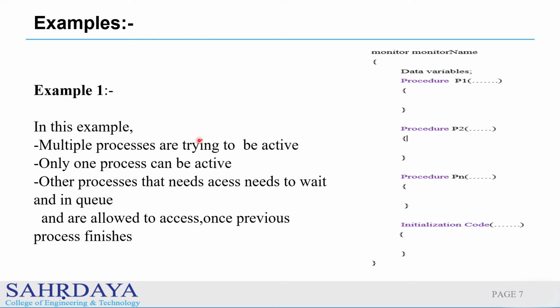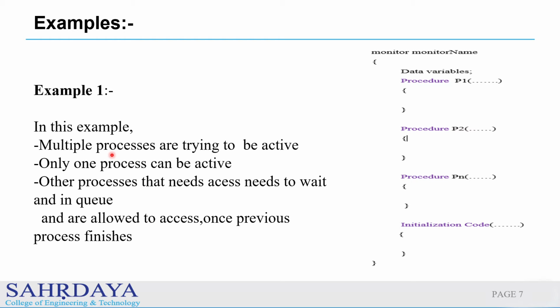In this example, multiple processes are trying to be active, but only one process can be active. Other processes that need access have to wait in a queue, and are allowed to access once the previous process finishes.